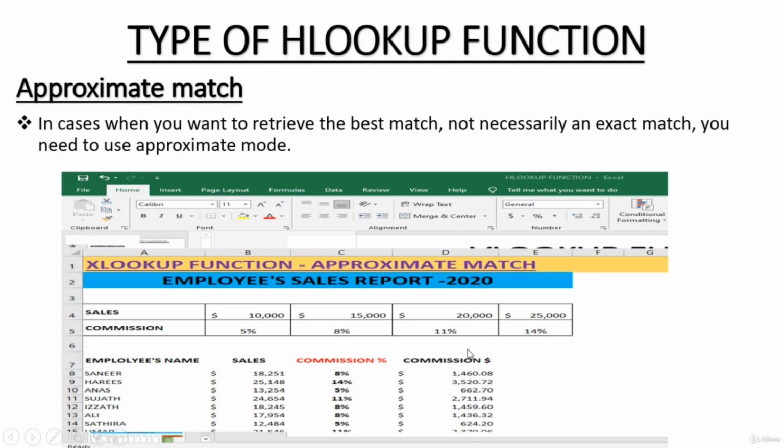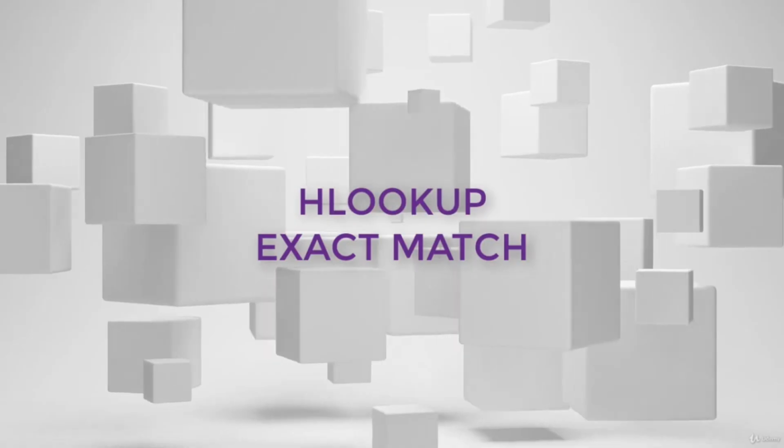If you want to use this commission percentage in this commission column, we can use the approximate match, right? Based on the approximate match, we can retrieve the data from this table to here. It will find the best match to retrieve the data. We will see this topic in depth in the practical section.